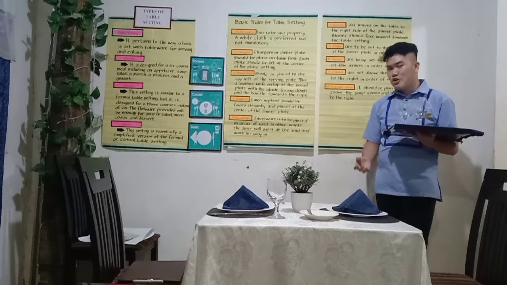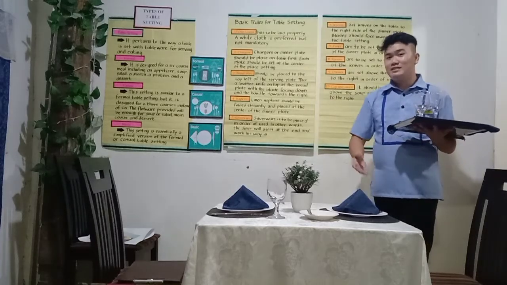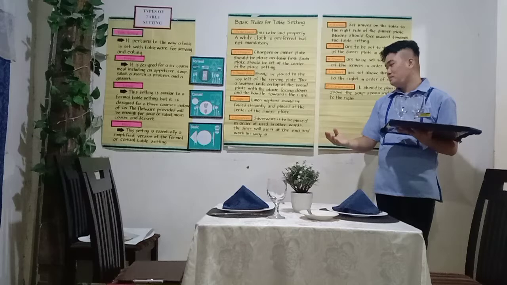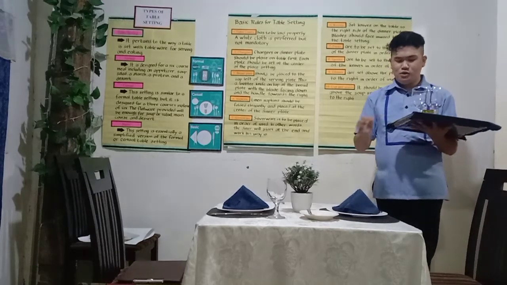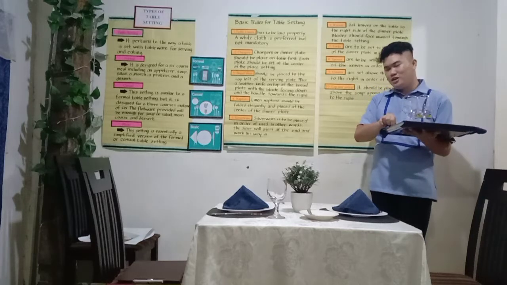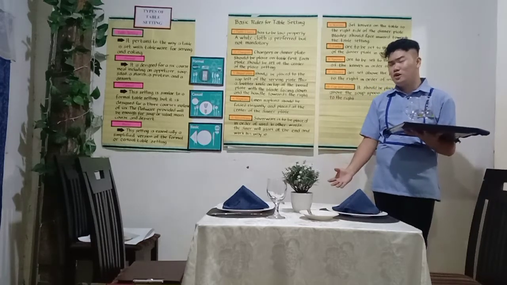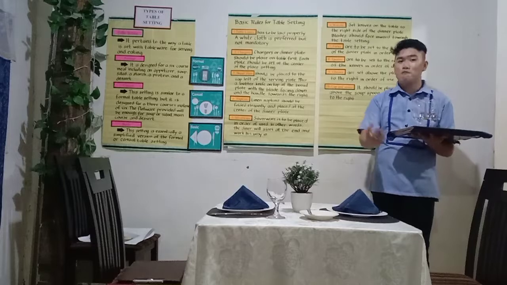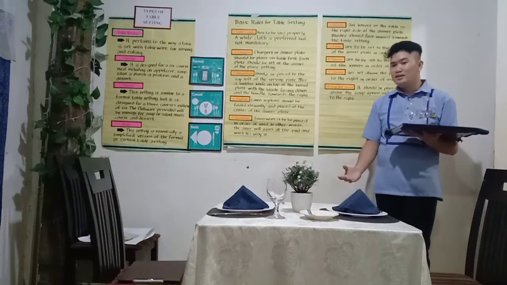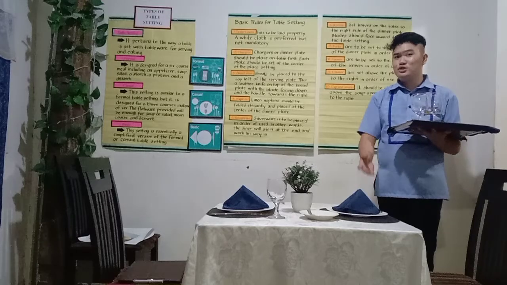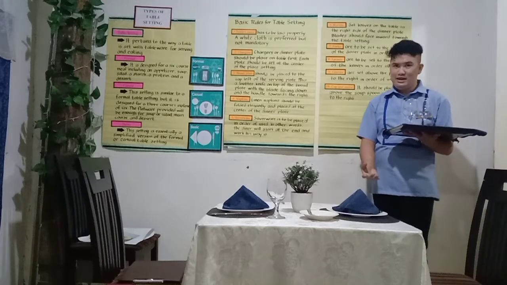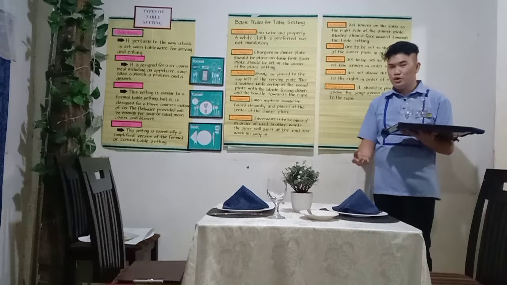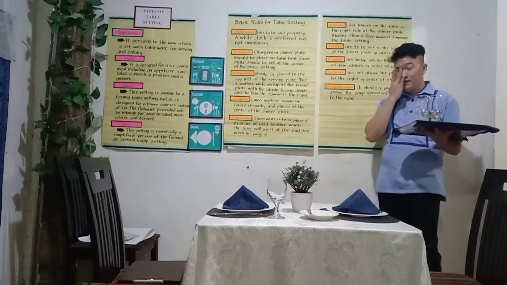So the silverware placed at the outer part is that which will be utilized for the course served first, and the silverware placed at the innermost part is that which will be utilized for the course served at the end of the meal.